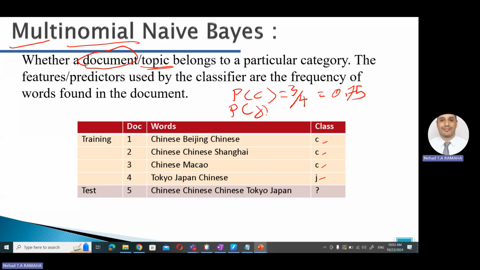Probability of J: 1 divided by 4. Why minus? Okay, because we have only 2 categories. Yes, it's correct. Or 1 divided by 4.